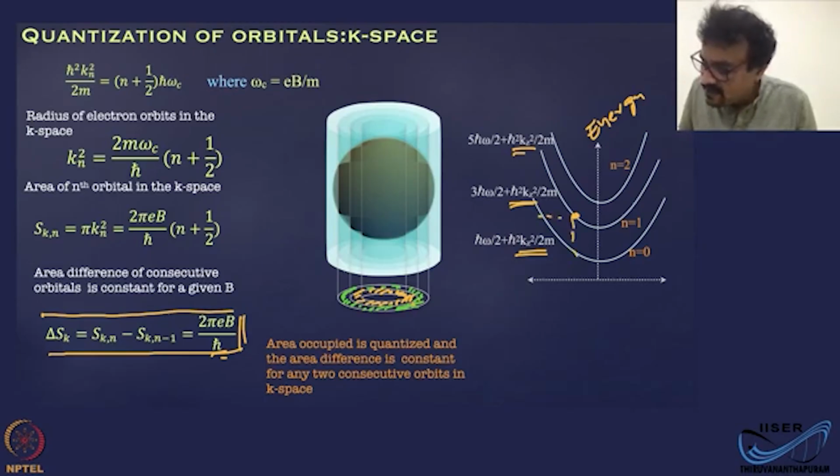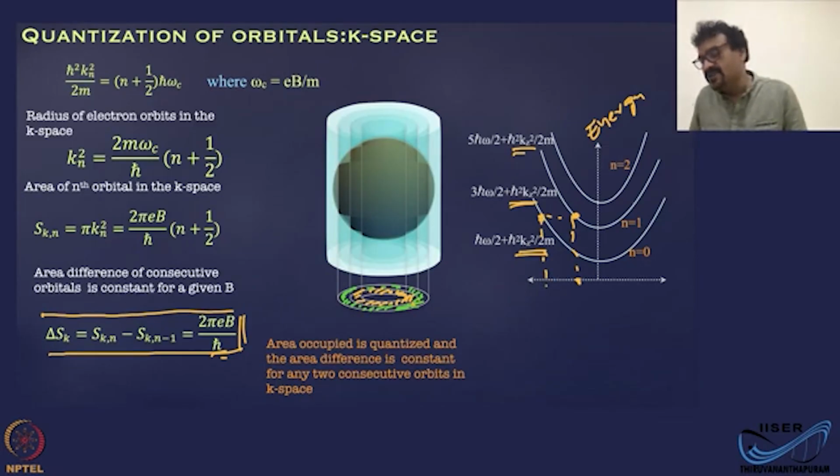Now for the same energy, the electron can sit in this corresponding orbital here, or it actually can sit in this orbital here. The only difference between these two is how much energy is being partitioned between the plane and the z direction, because the total energy is the same.